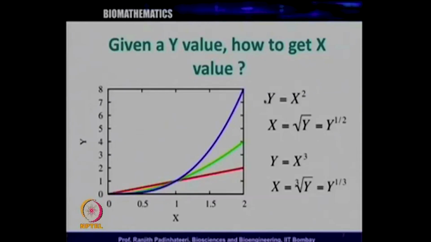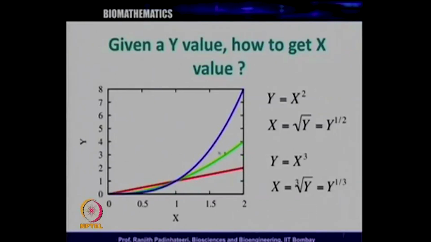Let us take the example of y equal to x square. To calculate x, we will find the square root of y. This is square root, and is also written as y power half. We saw this square root function last time. If the y value is 4, the corresponding x value is square root of 4, which is 2.